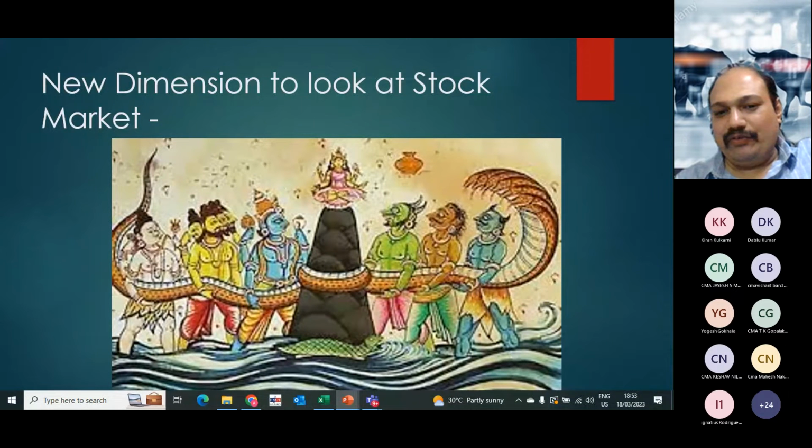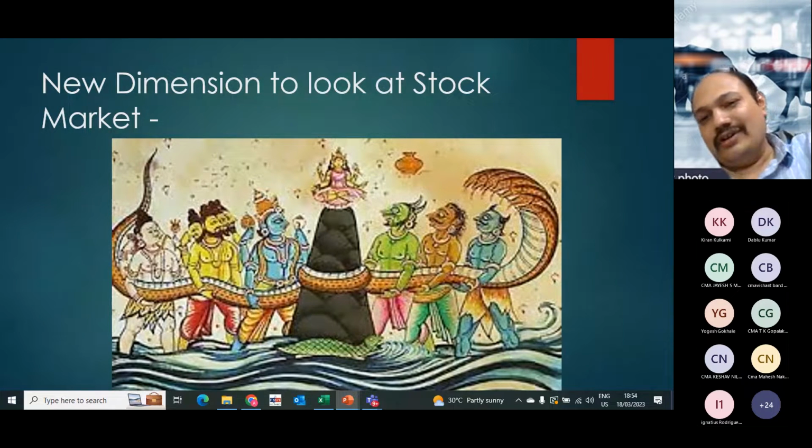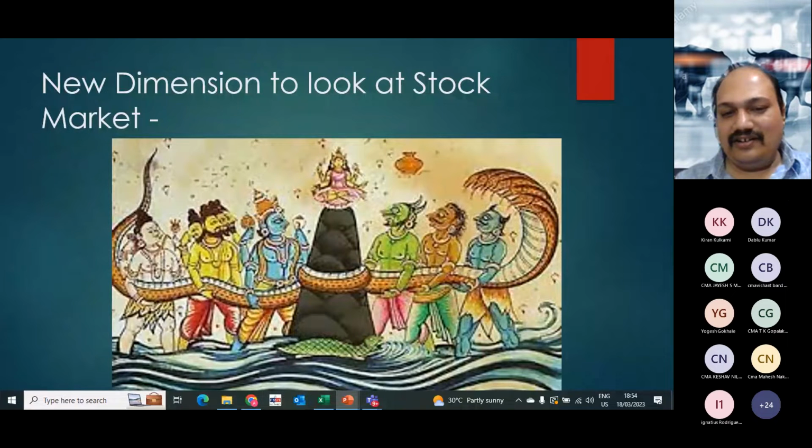And the mountain in between, the Mandara Meru mountain, that is the midpoint. Are you getting my point? And that snake's tail is the day's low, and the snake's mouth or head is the day's high.